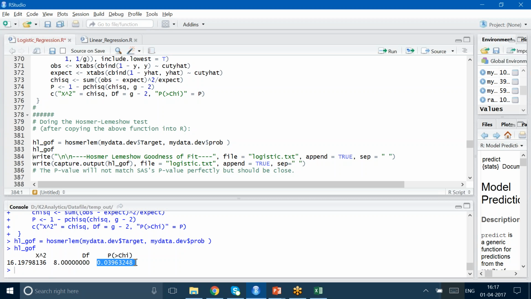Which variable can you tweak further such that the model becomes stable? You have to go back to the drawing board, see which variable you have to tweak to make sure that the model becomes stable. Let's take a break. We'll come back after the break.